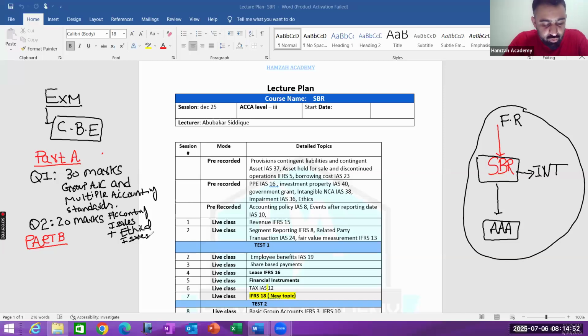And let me tell you one thing. It is a reporting paper like FR. SBR is also a reporting paper, Strategic Business Reporting. But I would say that it's not a paper in which you expect to do a lot of calculation. Like in FR, we do a lot of calculation, a lot of numeric work.